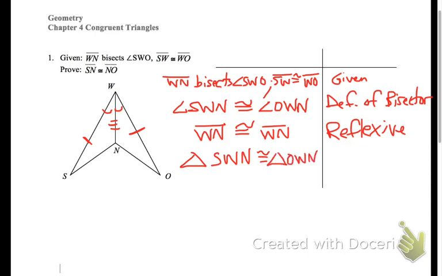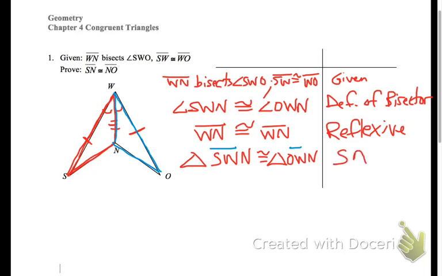And let's make sure we have our order of notation correct. So triangle SWN here. Segment SW should be congruent to segment OW. SW, OW. Okay, we got it. WN is in the correct position. So that's our proof for the congruent segments.